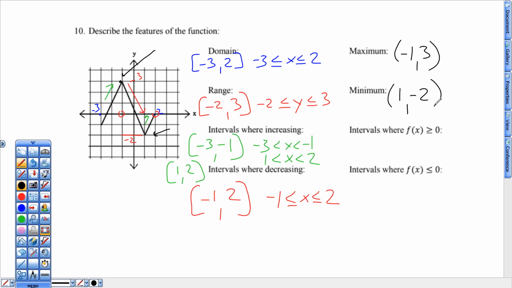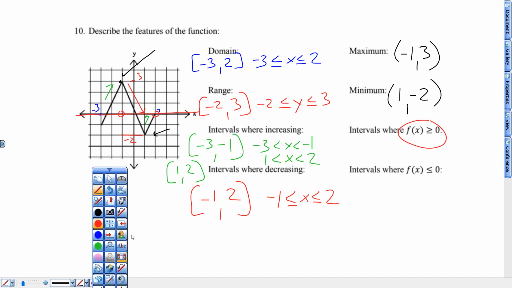The interval where f of x is more than or equal to 0 is this line. So where it's more than or equal to 0 is this chunk of data right there. It looks like about negative 2.5 to maybe, I don't even know what that is, 0.1 or something.